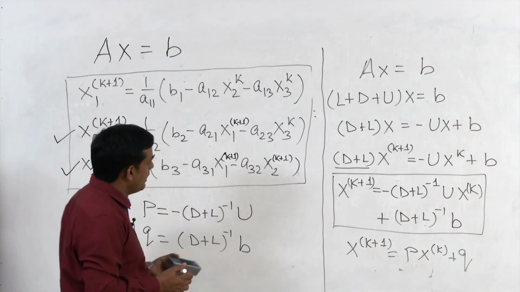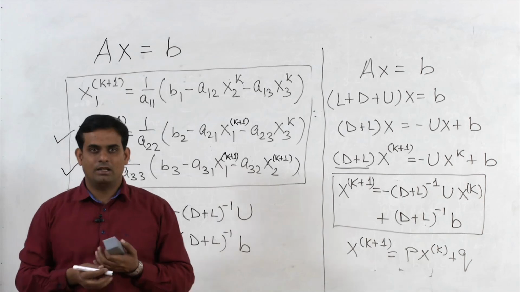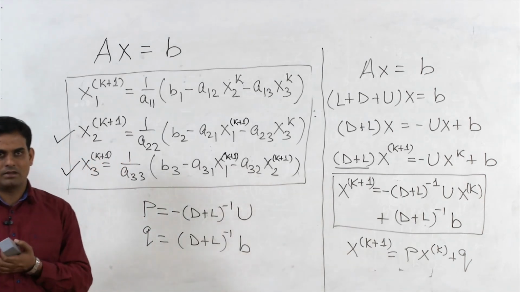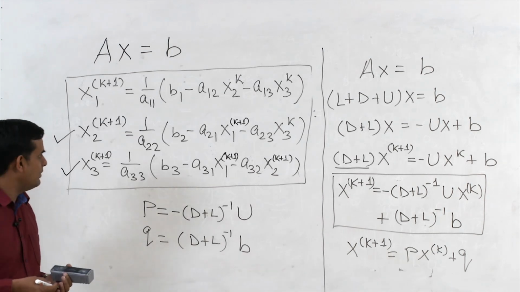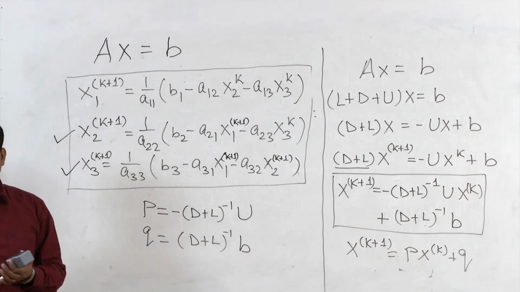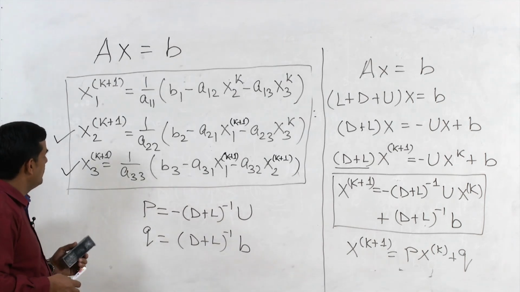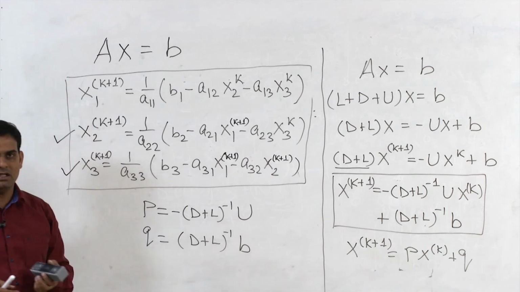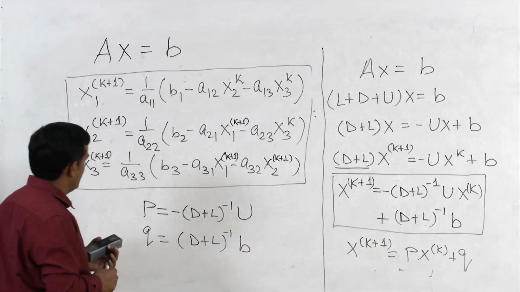If I use this method on a 3 by 3 general system, a11 x1 plus a12 x2 plus a13 x3 equals b1, and the other two equations like we have taken in the Jacobi method, the final system comes out to these 3 iterative equations.